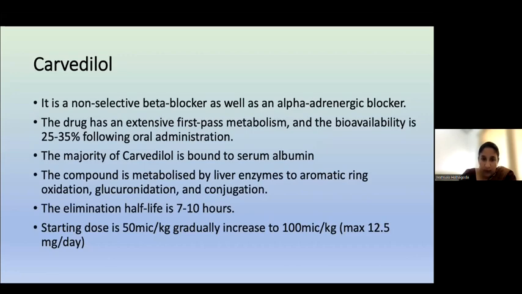Out of all the medications, when we were medical students, we saw patients on ISMN, patients on propranolol. But now the drug of choice would be carvedilol, which is a non-selective beta blocker, as well as it has some alpha adrenergic blocking effect.